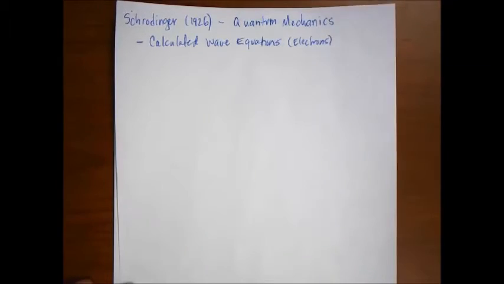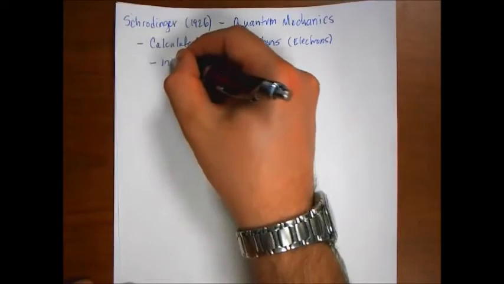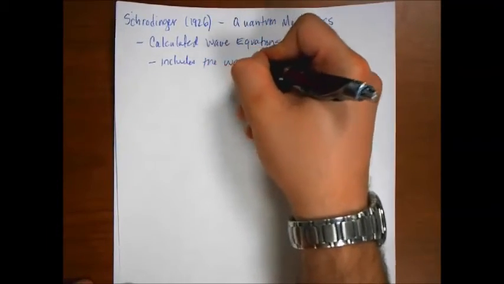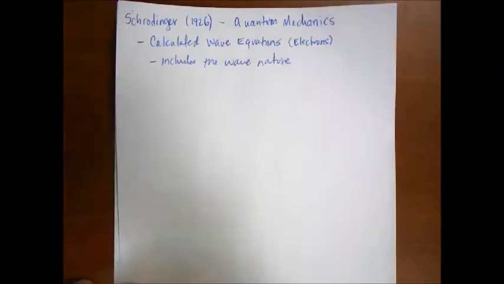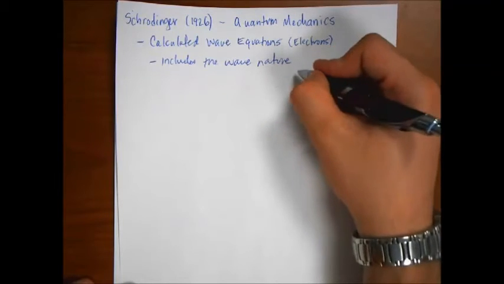He treated electrons like both a particle and a wave. He includes the wave nature, hence the wave equation of an electron.